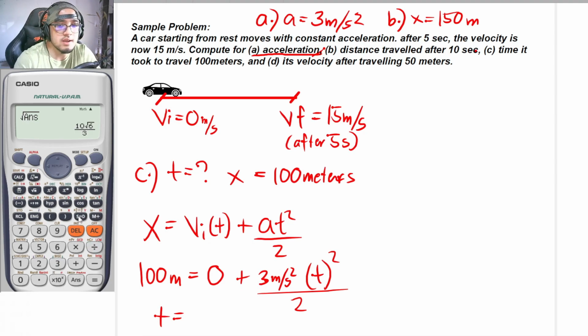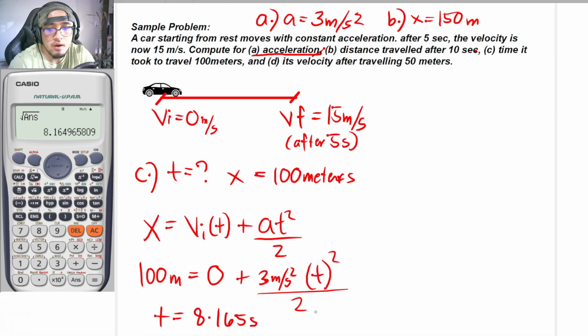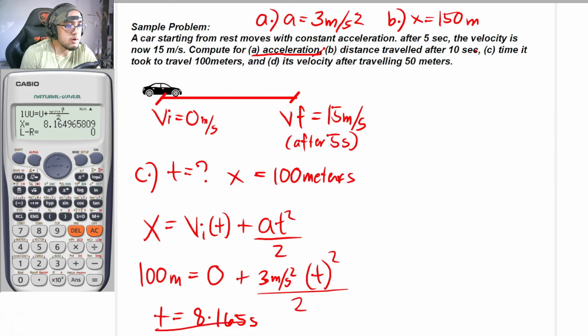Our answer here is 8.165 seconds. If we use the shift solve method, 100 is equal to 0 plus 3 times x squared divided by 2, our answer is 8.165. So this is correct. Our answer for C is 8.165 seconds.